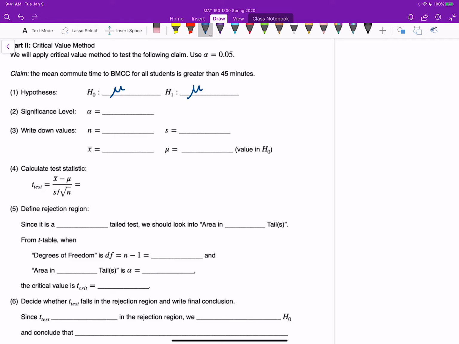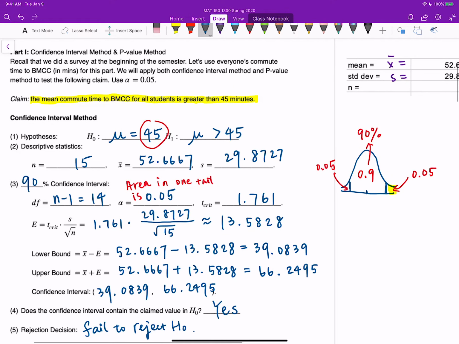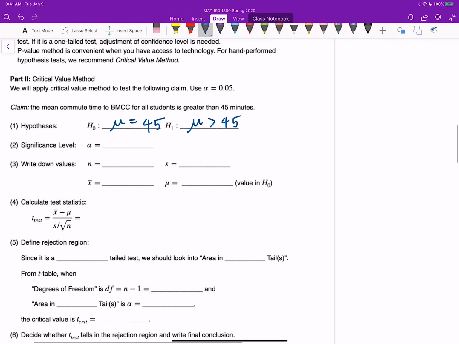The null hypothesis is always going to have an equal sign, and the number is 45. The alternative is already saying greater than 45. As you can see, these two hypotheses are the same as what we have over here for the confidence interval method. Next, the significance level alpha is 0.05, given by the problem.